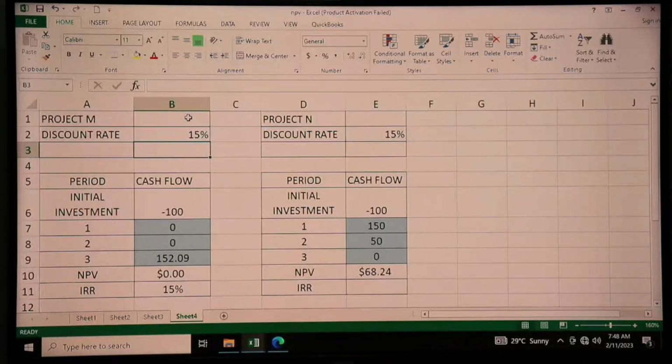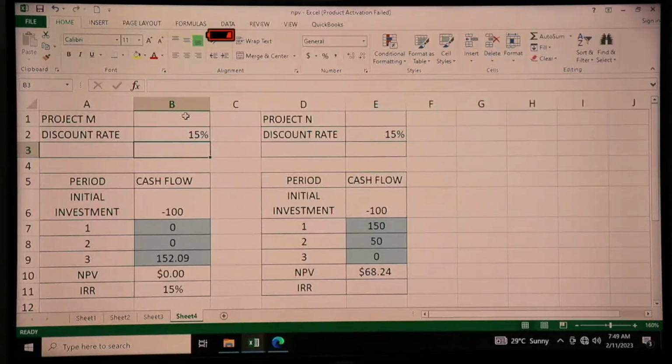You'll get the file on the Zoom platform, in the chat. You go through the Zoom chat and open that file. It is written NPV file, no problem. Then you click on sheet 3.